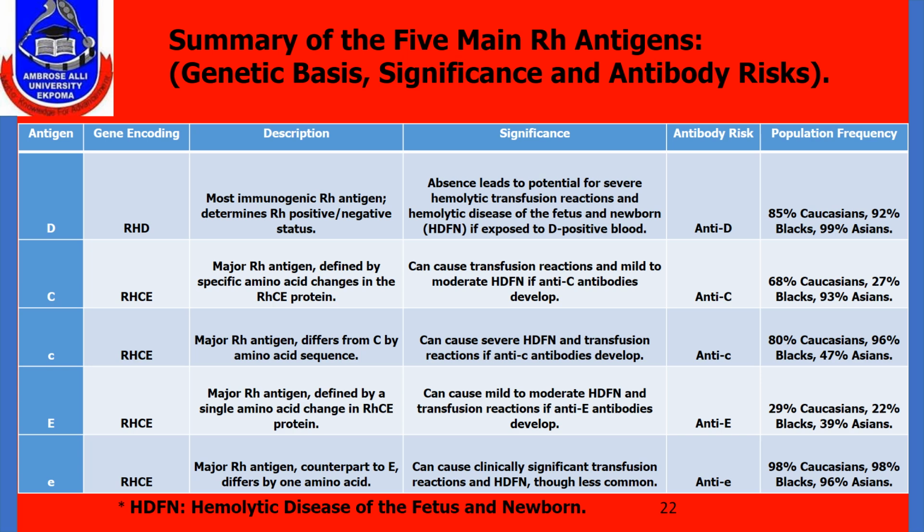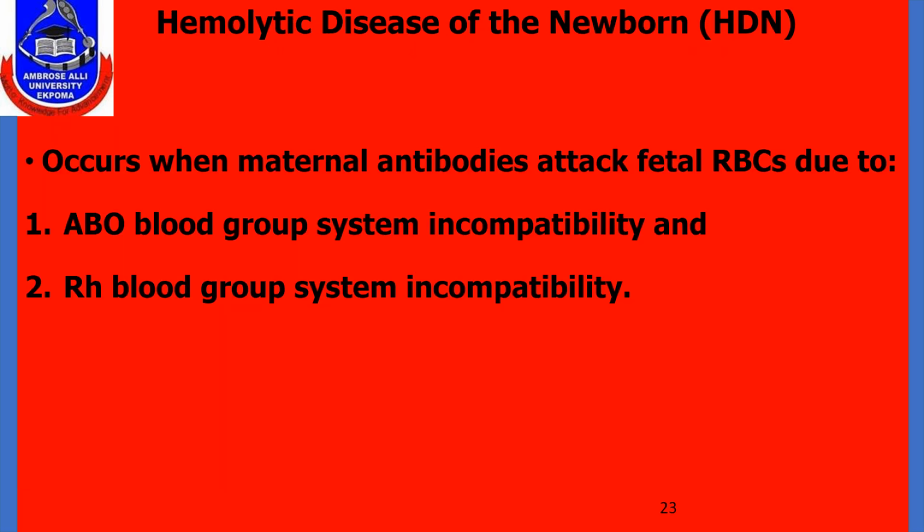In the previous or even in this slide, you can see HDFN, which is hemolytic disease of the fetus and newborn. So this is a summary of the 5 main Rhesus factor antigens, their genetic basis, significance, and antibody risk.